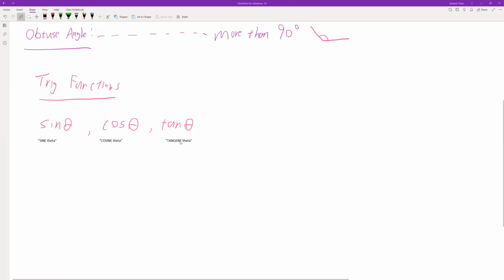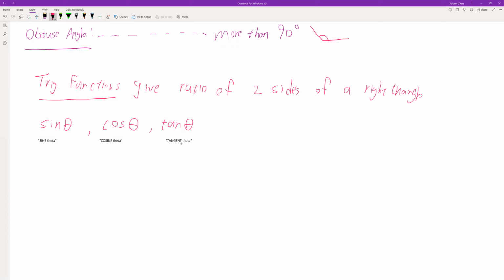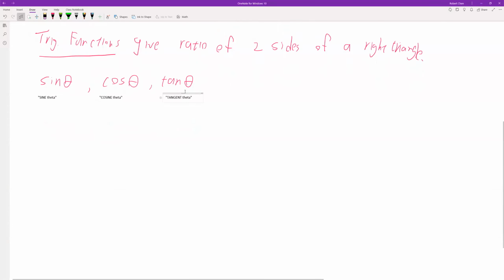And what trig functions really do is give the ratio of two sides of a right triangle. Let's look at some introduction to right triangles.